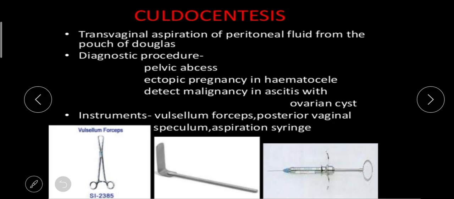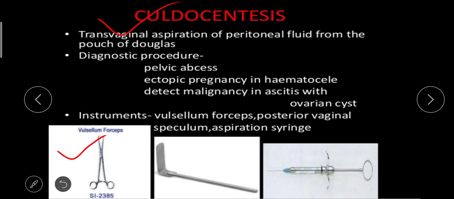Next one is culdocentesis. It is a transvaginal aspiration of peritoneal fluid from the pouch of Douglas, and the diagnostic procedure is done in case of pelvic abscess, ectopic pregnancy, or to detect malignancy, meaning cancers. These are the things we find out through culdocentesis.